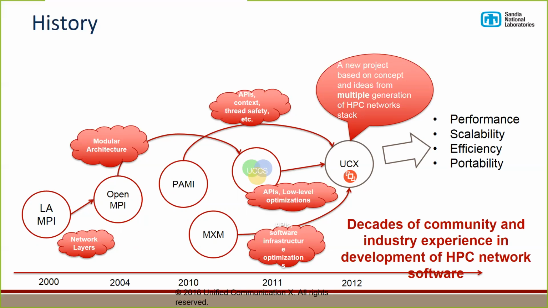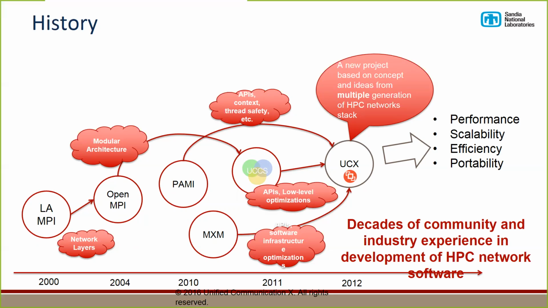On a conceptual level, it's based on ideas that came from OpenMPI, PAMI, Mellanox MXM. Essentially, we started it code-wise from scratch, while the ideas have been developed for probably a decade, if not more, into a new, highly optimized networking library.